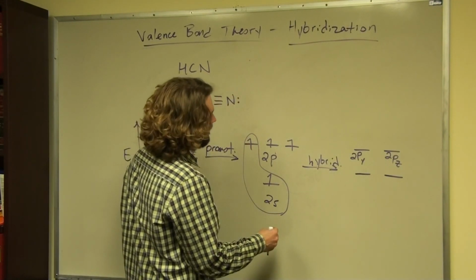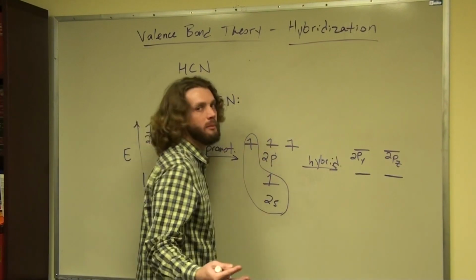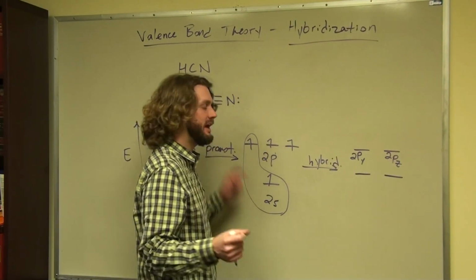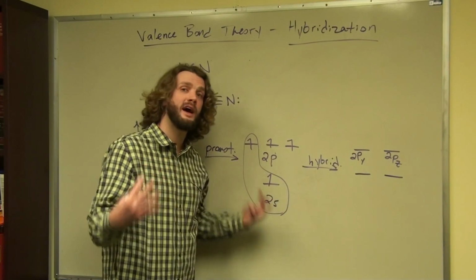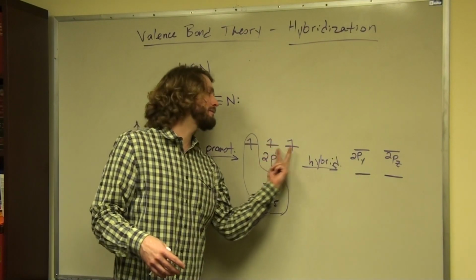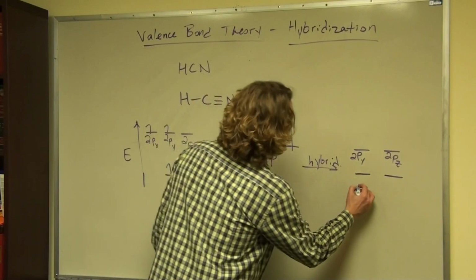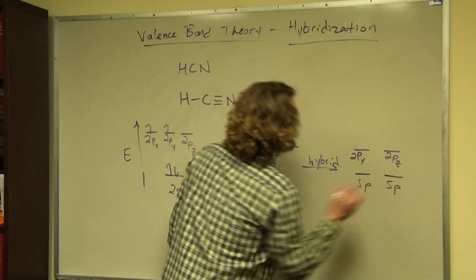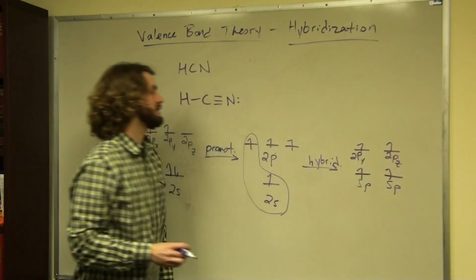Since we only mixed an s with a p, we call those sp hybrids, just like we took an s with 3 p's and made sp3 hybrids. But again, orbitals in equals orbitals out. If they're unhybridized, draw them appropriately. Don't mess with those. So these are going to be my 2 sp hybrids, each of those containing an electron. There's still electrons in the other 2.